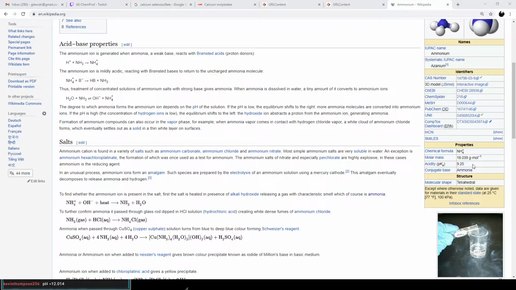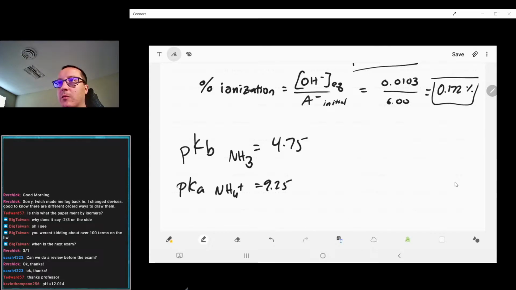We'll see its pKa is 9.25. Perhaps we'll notice something about these two. Perhaps we'll notice that those two added together is 14. Just like pH and pOH.